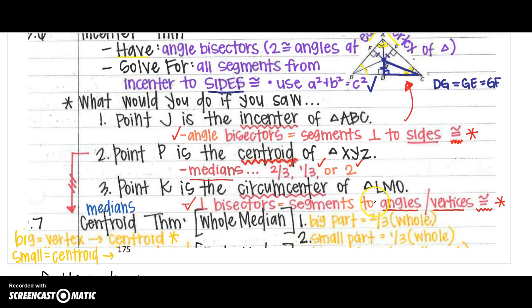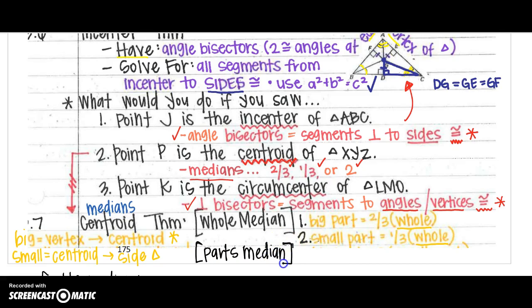So the big part equals 2/3 the whole length of the median. Or if I have the small part, which is the centroid to the side of the triangle, I'm going to say the small part equals 1/3 of the whole median. Now, another way we have also used this is using it with the parts of the median.